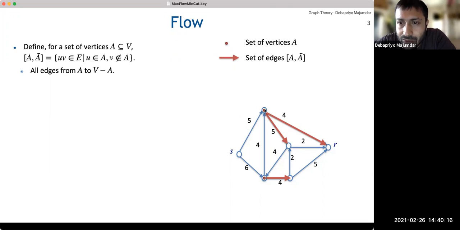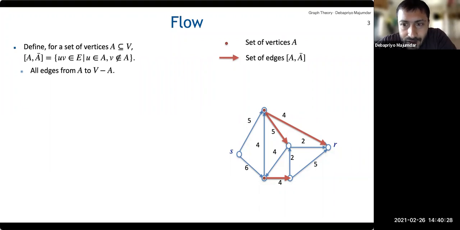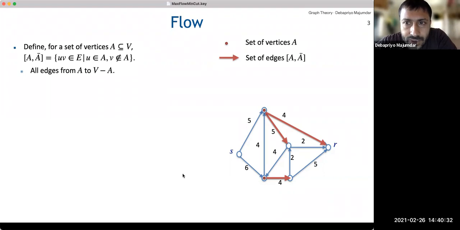What we want is u is in A, v is outside A. So basically, all edges from A to the complement of A.